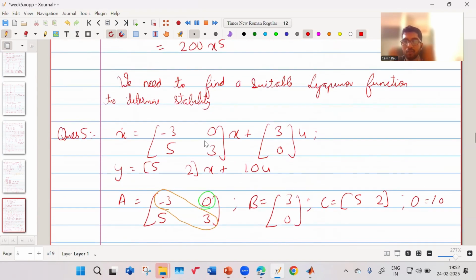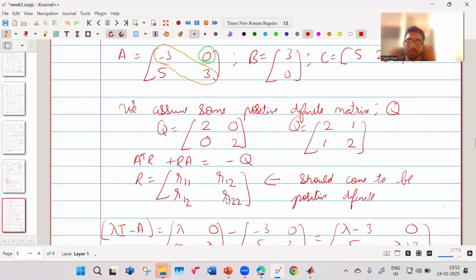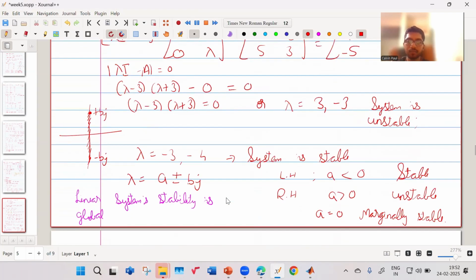If we already have a linear system, we can directly find the stability by finding the eigenvalues. If the matrix is upper triangular, lower triangular or diagonal, we can easily find the eigenvalues and comment about the stability. Then also the case of stable or unstable depending upon the location in the left half plane or the right half plane.